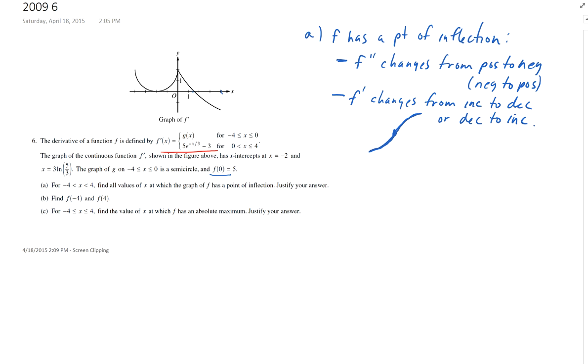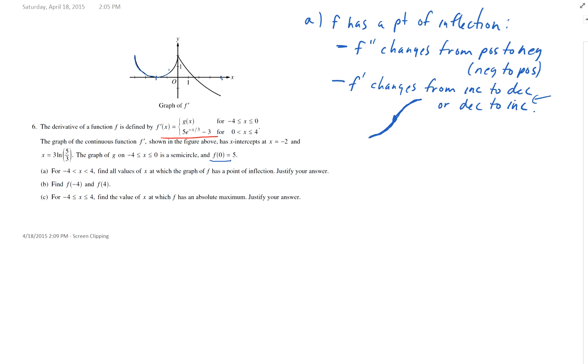So looking at this graph, since this is a graph of f prime, this is the definition I want to use. Where is f prime changing from increasing to decreasing, or decreasing to increasing? Well, f prime is decreasing to -2, then it's increasing, and it's increasing to 0, and then decreasing.